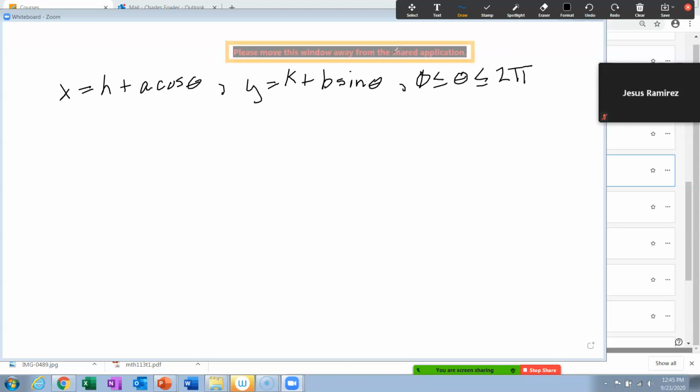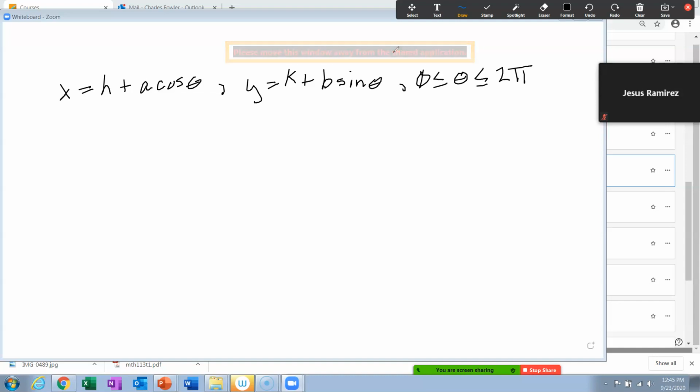So what we have here, all it's doing is translating x in whichever direction h is. If h is positive, it goes to the right. If h is negative, it goes that way. If k is positive, it goes up. If k is negative, it goes down. So we've just shifted that ellipse to a center of (h, k), exactly what we did before.